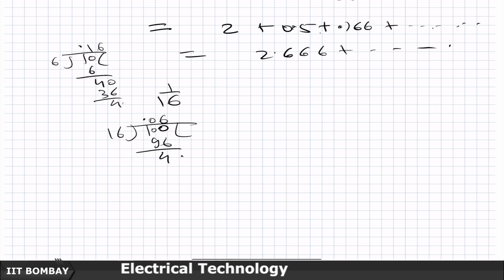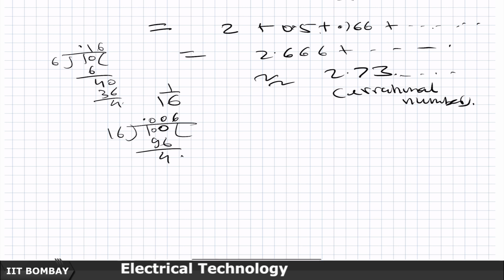If you keep adding this, somewhere it comes close to 2.73, and this is where it tends to converge, but this is an irrational number.